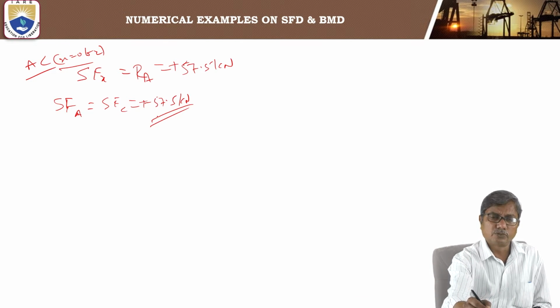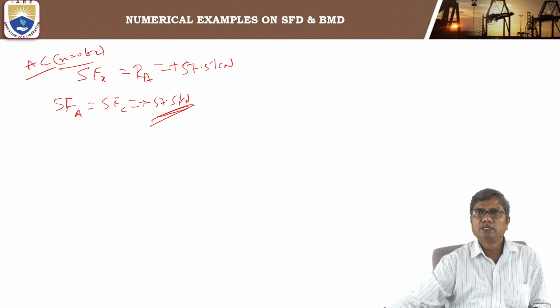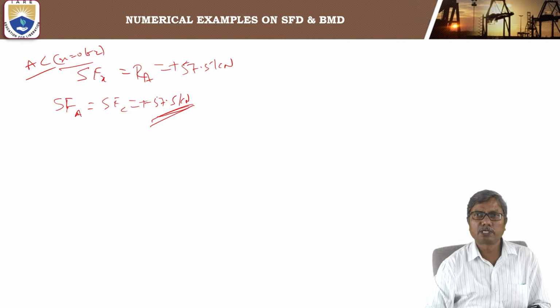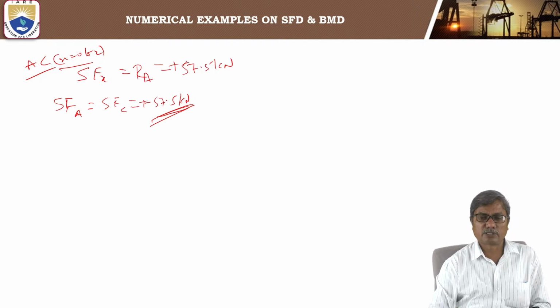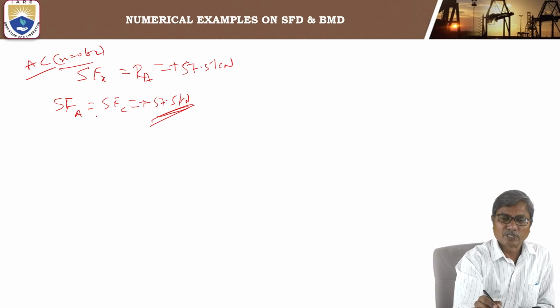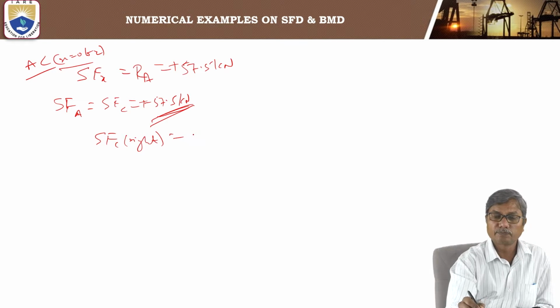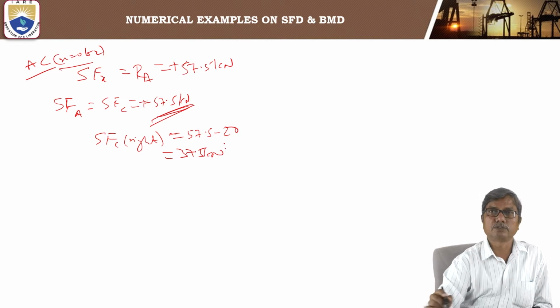This shear force at C is just to the left of C, so the point load of 20 kilonewtons does not come into the picture. Considering just to the right of C, the shear force will be 57.5 minus 20, that is 37.5 kilonewtons.